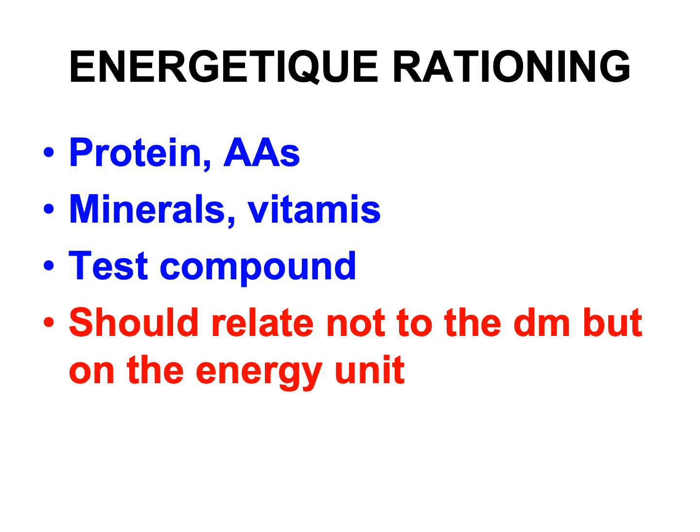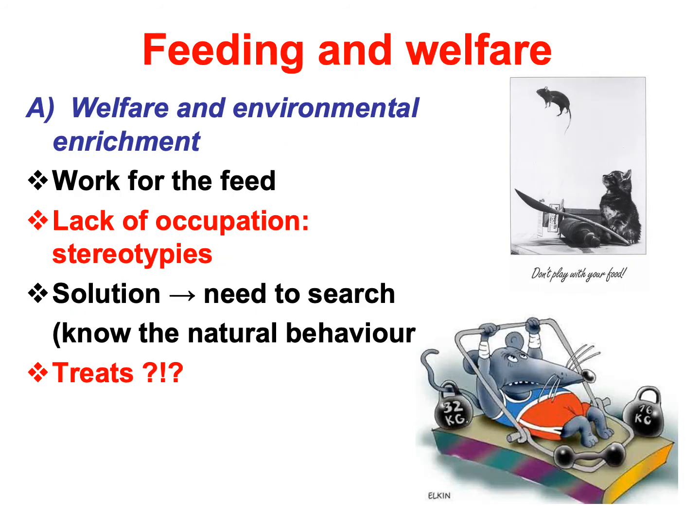The energetic rationing should be followed. It means that the protein level, the amino acid level, the minerals, vitamins, and the test compounds in the dry matter should relate not to the dry matter, but to the energy unit, because animals are eating according to the energy.